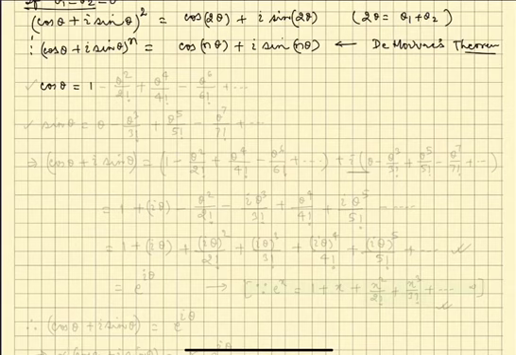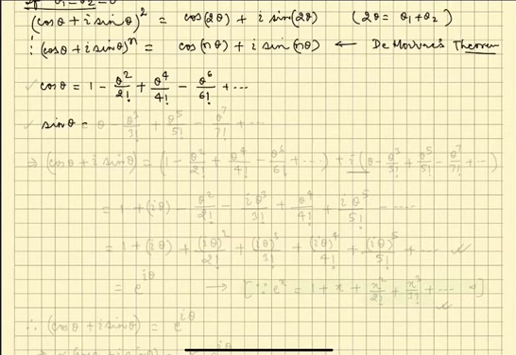Yes, the series of cos theta is cos theta equals 1 minus theta squared by factorial 2 plus theta to the power 4 by factorial 4 minus theta to the power 6 by factorial 6 and so on. Here all the powers of theta are even, right? And what about sine theta?